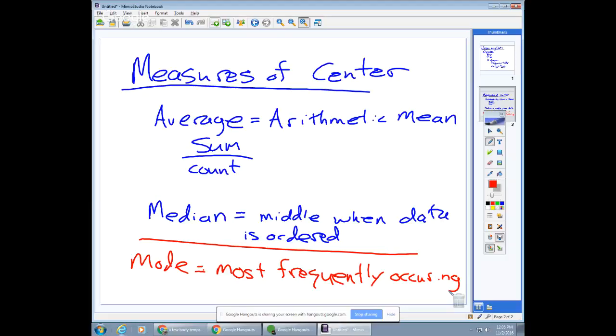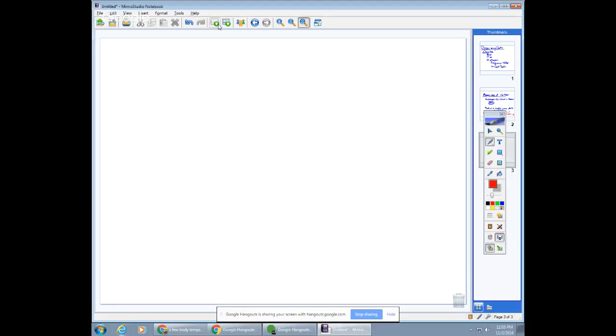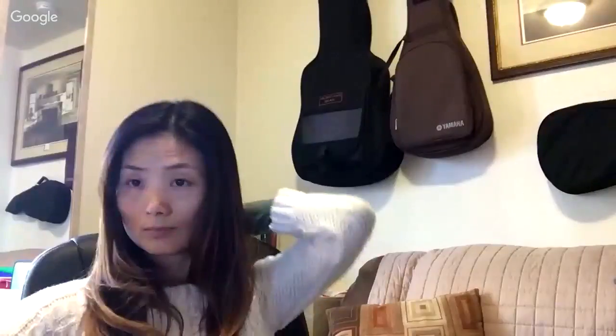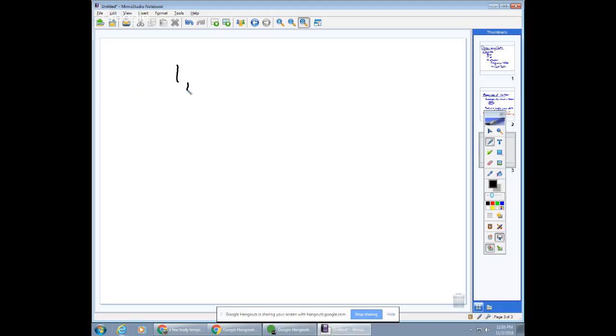So consider the following data. Suppose these are home prices in hundreds of thousands, so 100,000, 1.5 hundred thousand, and so on.